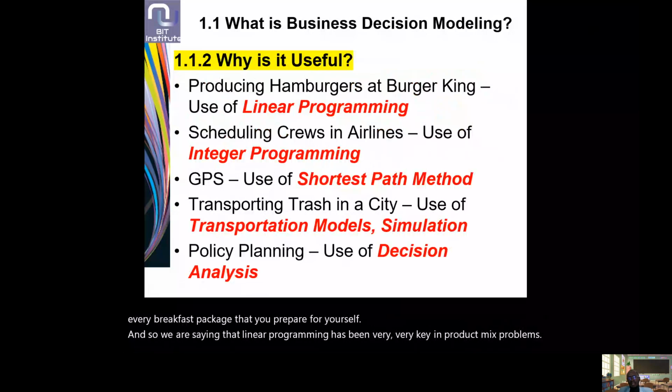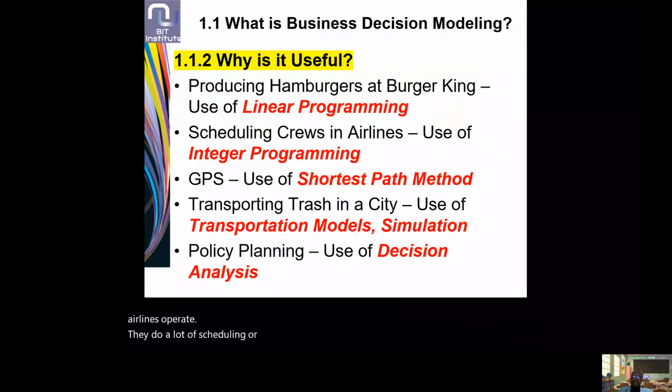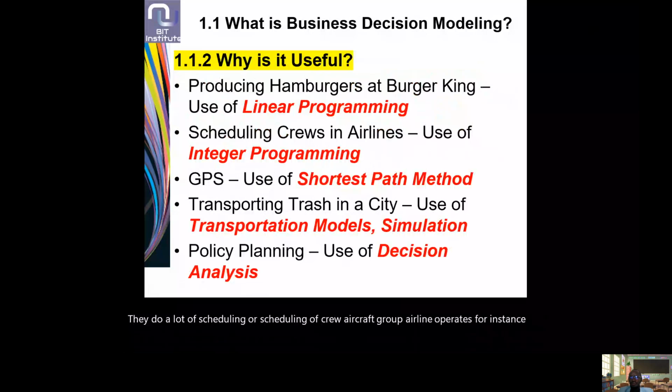The second one, which is very useful and is used a lot, is in airlines. If you think about how airlines operate, they do a lot of scheduling of aircraft crew. An airline operates, for instance, between Johannesburg and Durban or from Johannesburg to Bonn in Germany. Now, every airport has its own ways of operations.